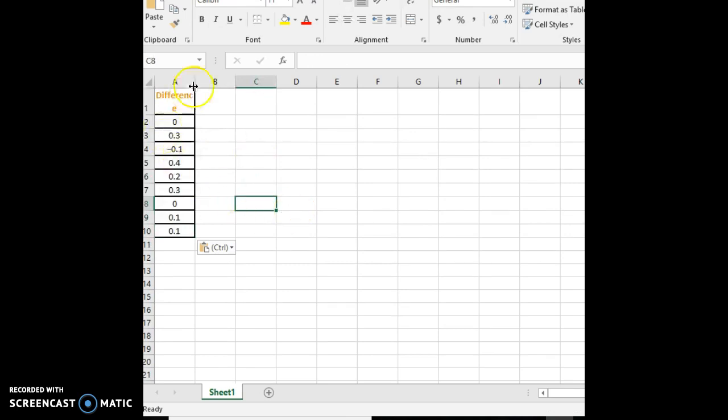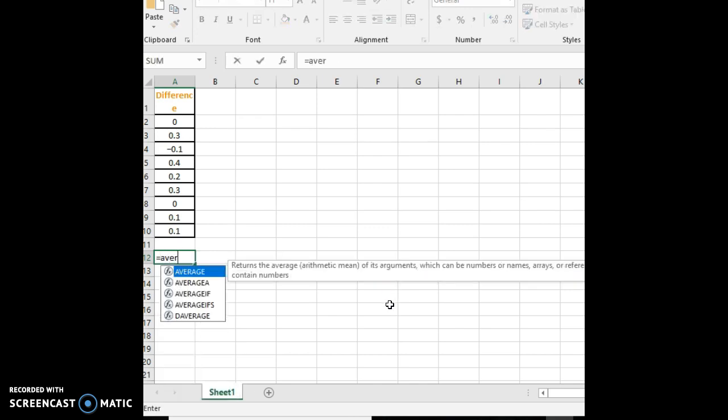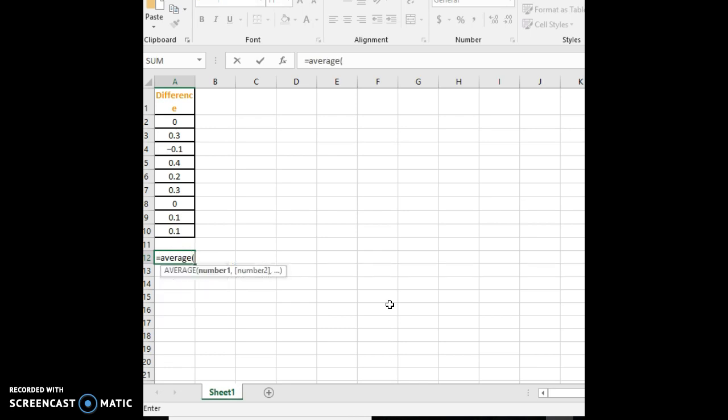All right, now what we want to do is go ahead and get the mean and the standard deviation. So in Microsoft Excel, I'm going to go right here in an empty cell and type equals AVERAGE, and then parentheses.